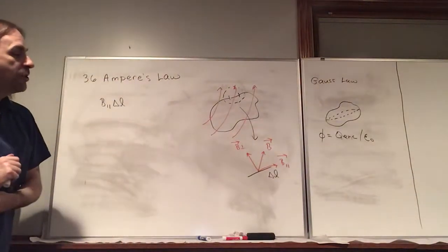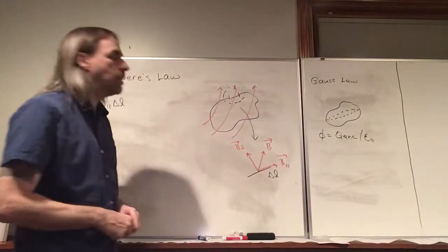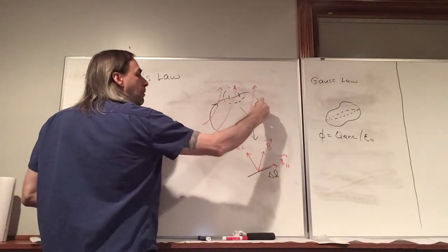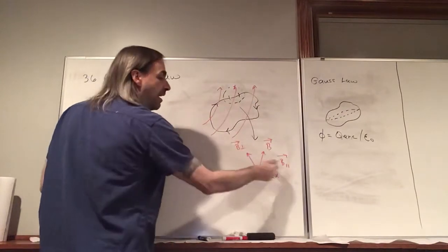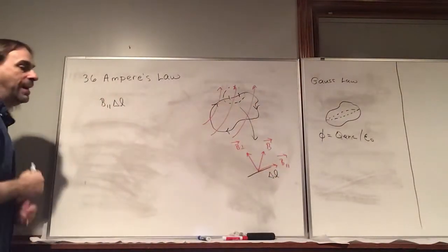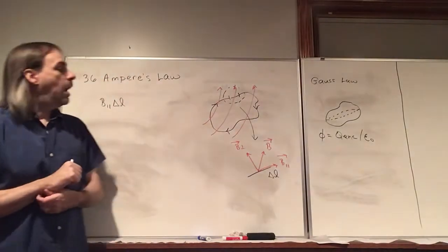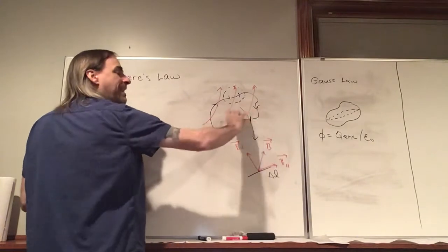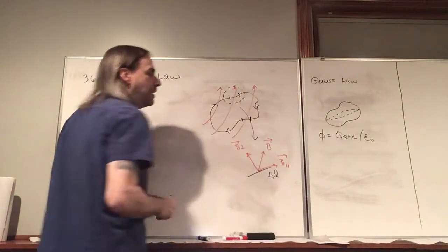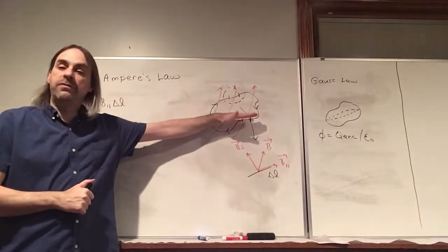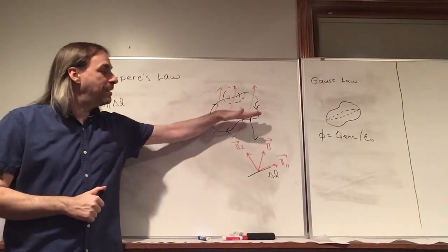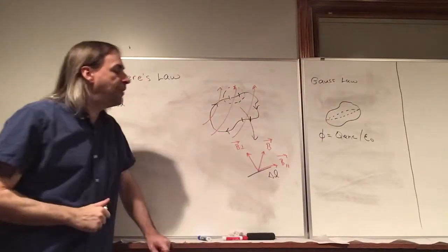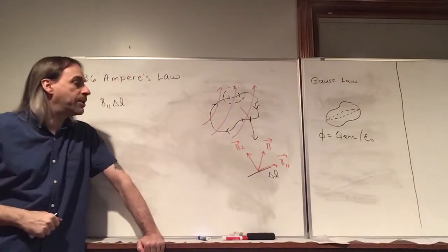Now, just to be clear, we have to trace our surface in a particular direction. So let's say we go clockwise. Here, this combination B parallel delta L is going to be zero. If we look at this section here, we're going in this direction, and the component of the magnetic field parallel to this line segment is pointing in the opposite direction.